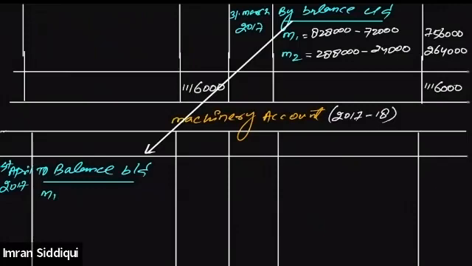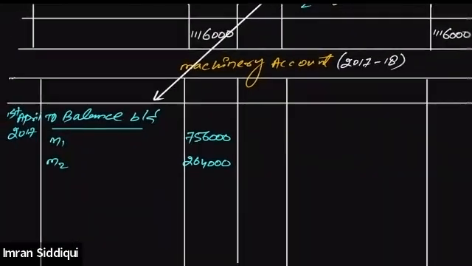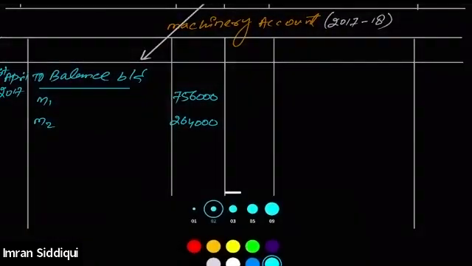Balance b/d for machine 1 will be 7,56,000. And for machine 2, it will be 2,64,000. Got it? Everybody, is that clear?